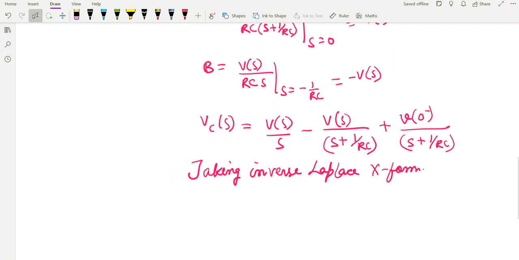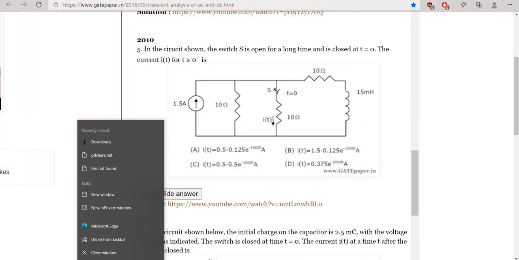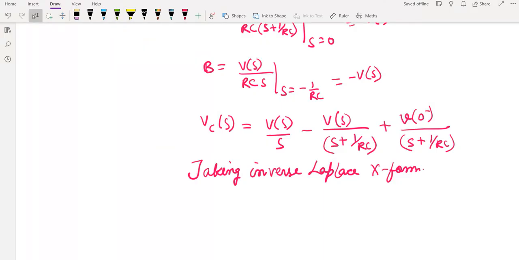So the formulas that will be used here, just to remind, I will write them down. The first one is, if we have V(s) upon s, and we take the inverse Laplace transform, we will get v.